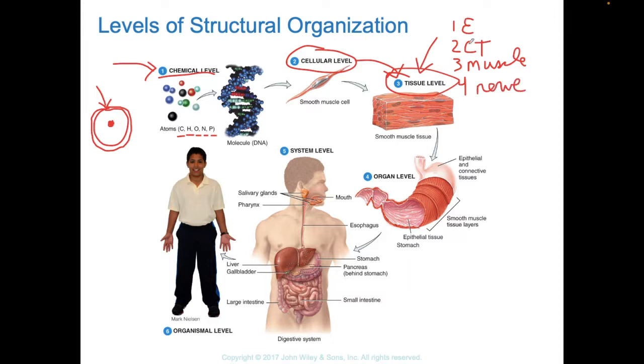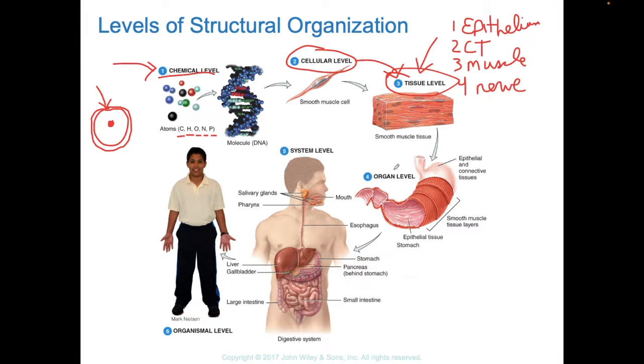So we have four major categories of tissues: epithelium, connective tissue, muscle tissue, and nerve tissue.